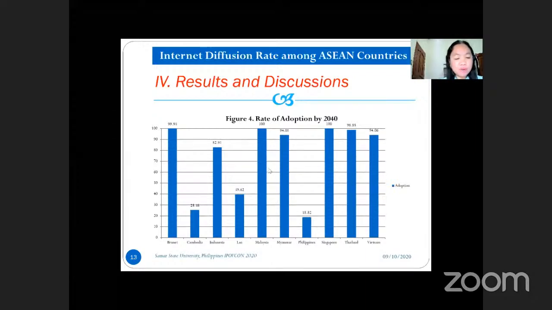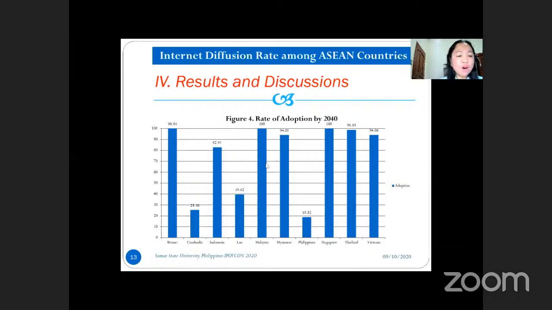Figure 4 gives the forecasting result obtained from the cumulative adoption in Figure 1 using the BUS model. The result shows that by 2040, both countries, Singapore and Malaysia, have reached the saturation point of adoption.